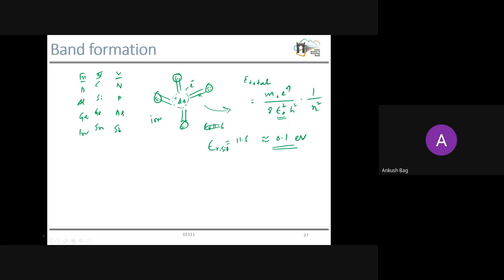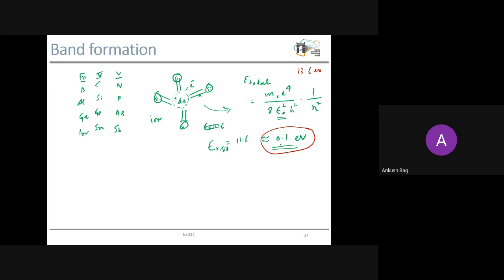Remember, sometimes these numeric values are important to get the overall feeling of what is actually happening, why this is important, and how effective this is. Why am I telling you this? Because this is 0.1 electron volt. If we consider a single hydrogen atom, which has one electron, to take out that electron you need to provide 13.6 electron volt.